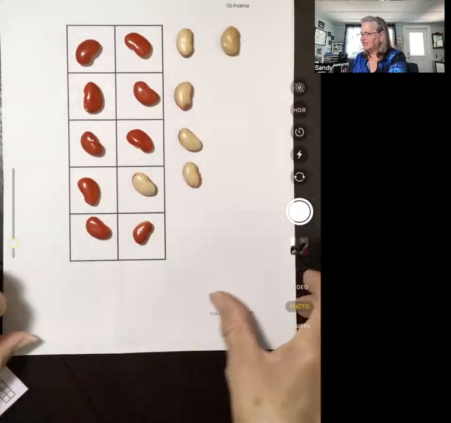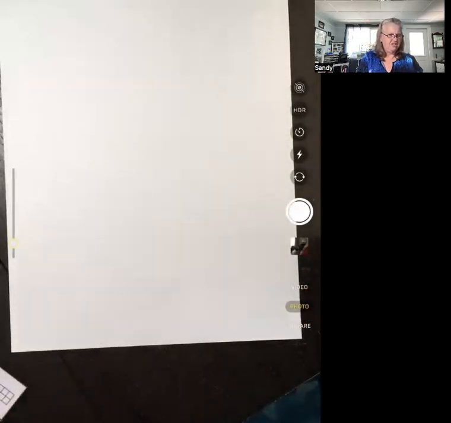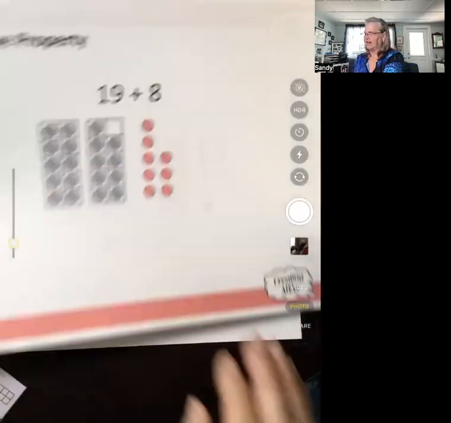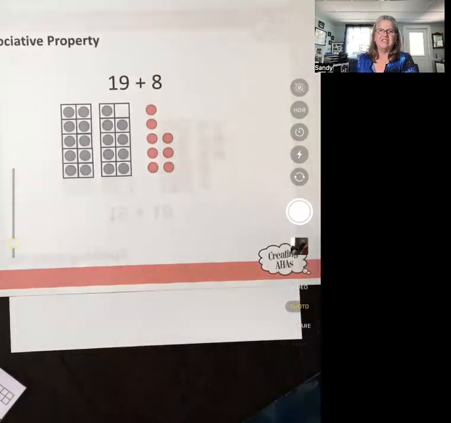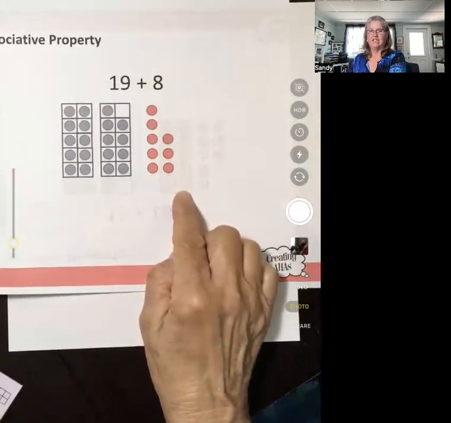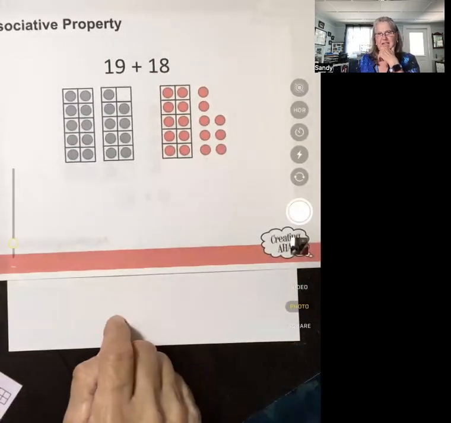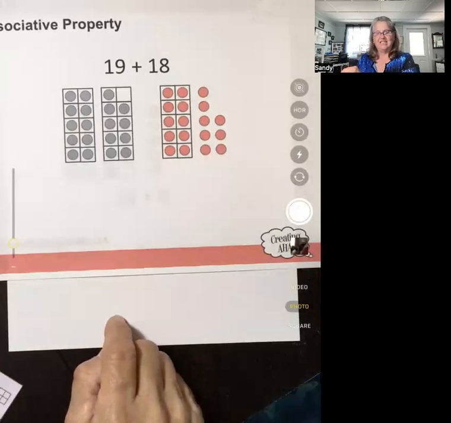Now, once your child gets very comfortable with this bridge to 10, just to show you a couple of additional, right? If I know 9 and 6 is the same as 10 and 5, see, what's 19 and 8 the same as? 20 and 7. What's 19 and 18 the same as? 20 and 17.